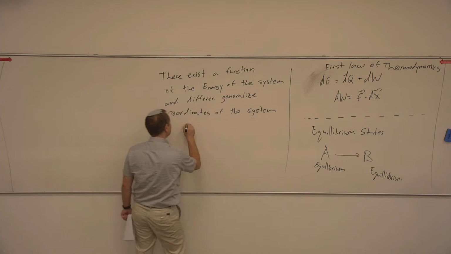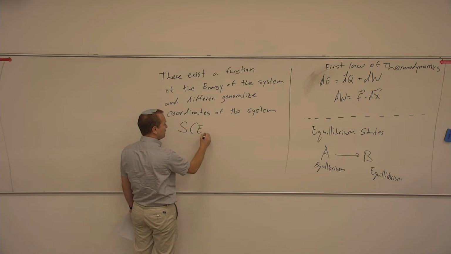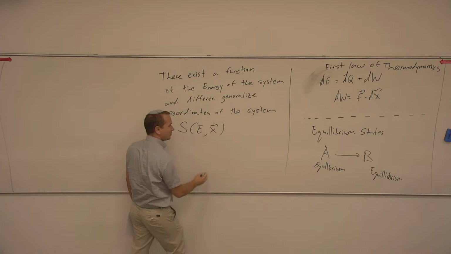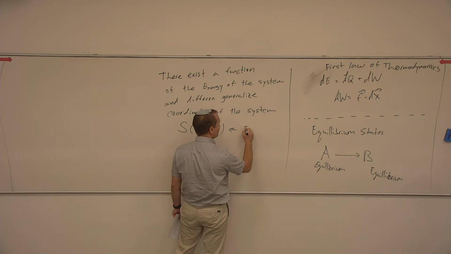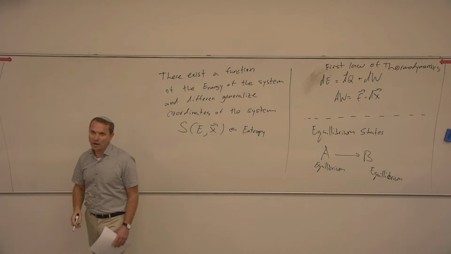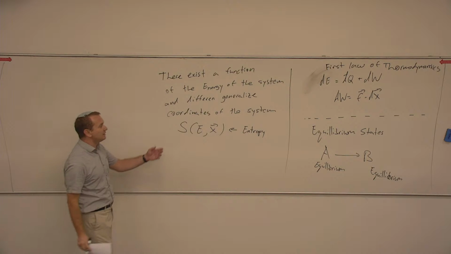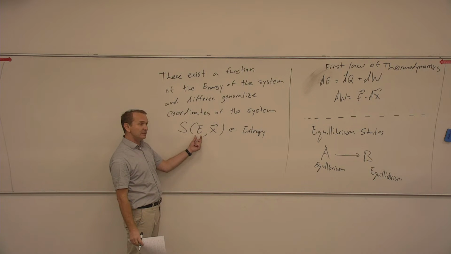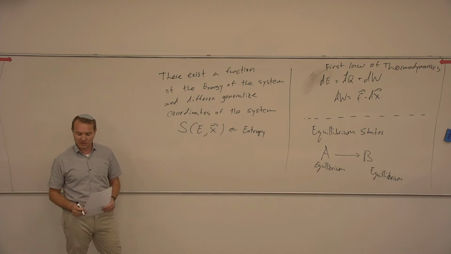We call it S. It's a function of E and X. The name of this function is entropy. Okay. So up to now, I haven't said anything to you. I just said I can create any function, and it's going to be a function of energy and of the different coordinates.